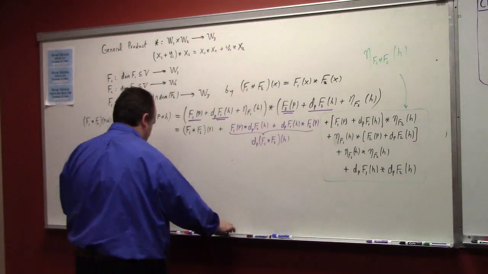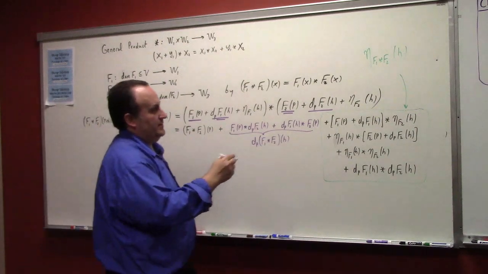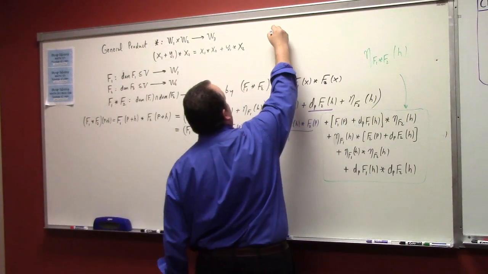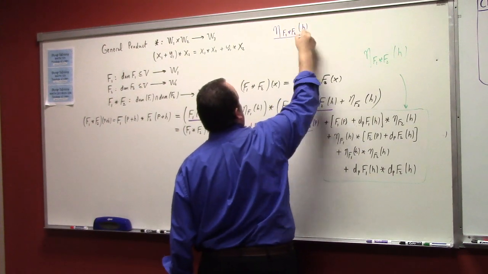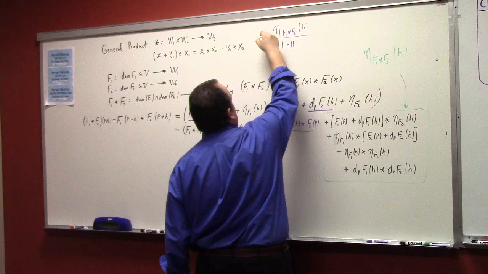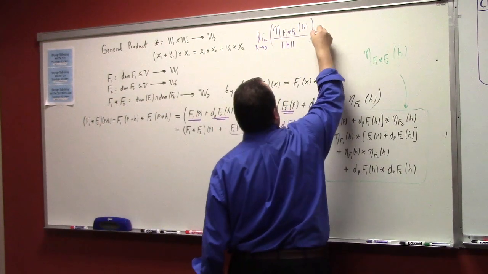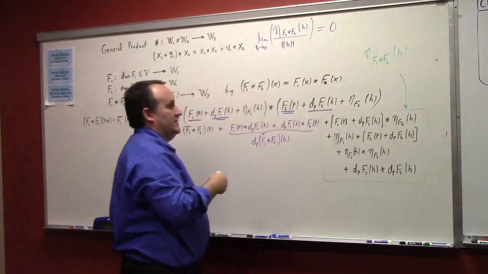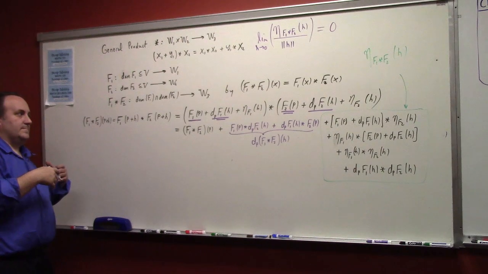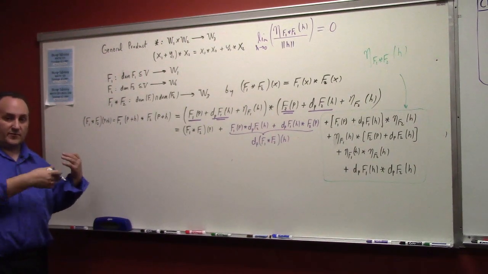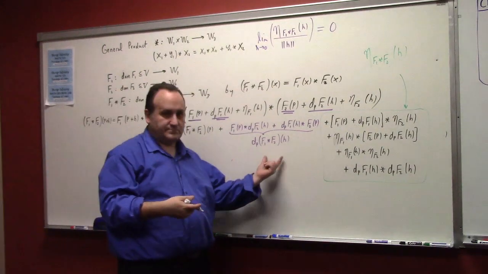We have to demonstrate that eta of F1 star F2 of H divided by norm H, right? That's the condition we found last time. That must be shown equal to 0 to prove the differentiability of the product of F1 and F2, and hence the differential having this formula.